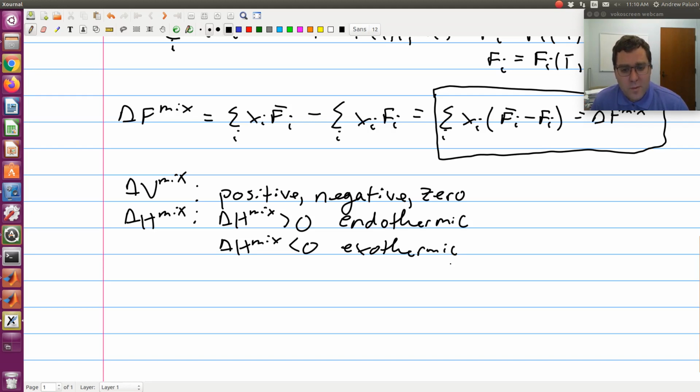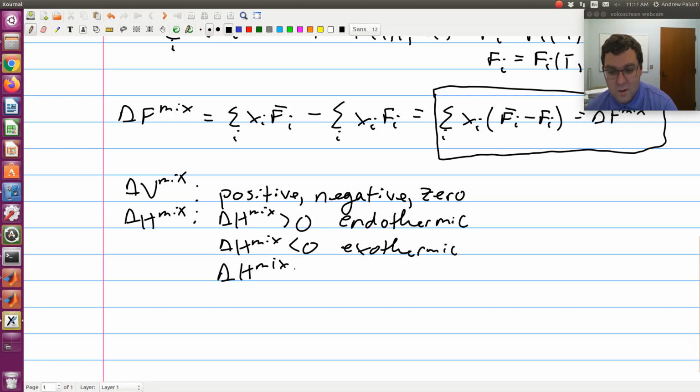It's exothermic, so if delta H of mixing is negative, Q is going to be negative, which means heat needs to be removed from my system in order to maintain constant temperature. Exothermic means favorable interactions.